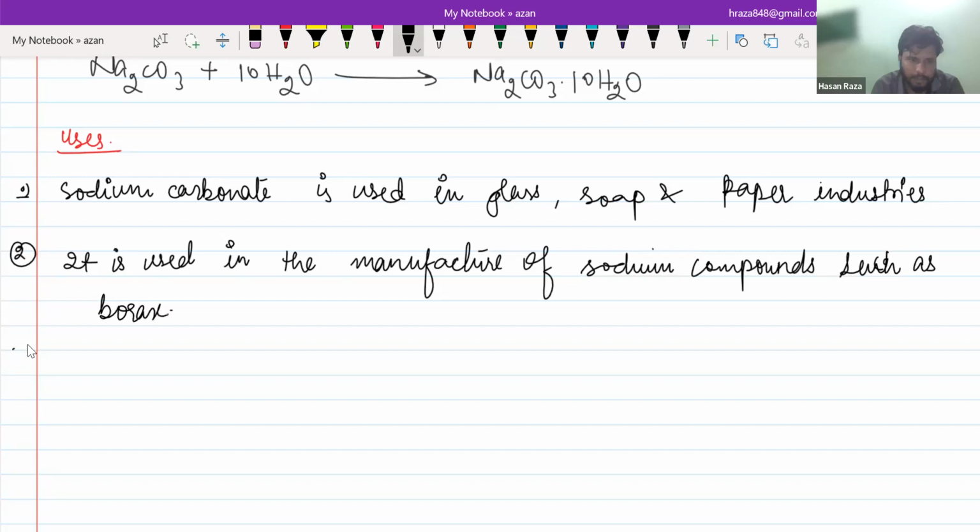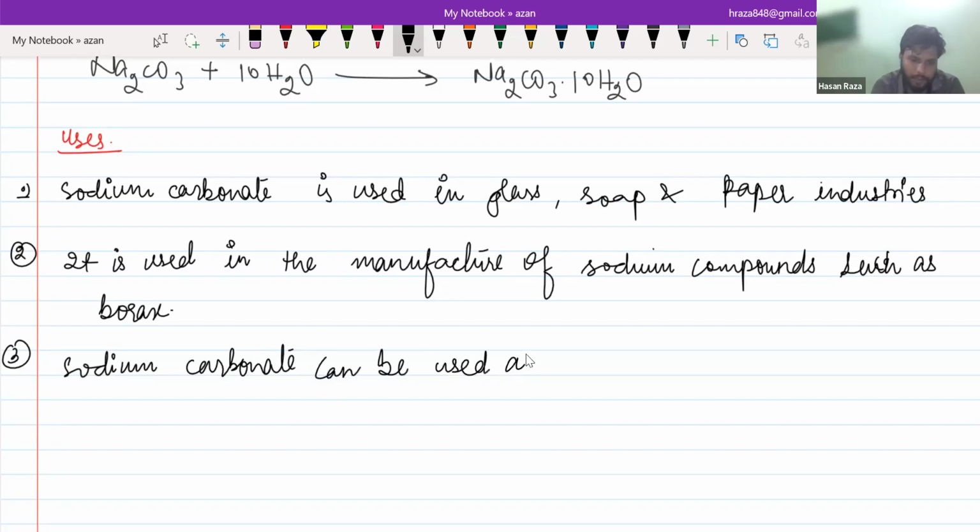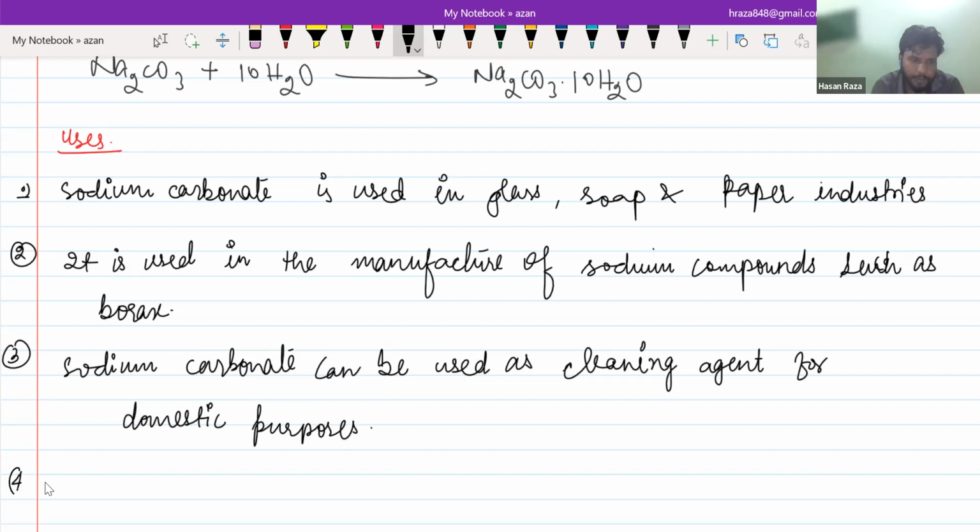Third use, sodium carbonate can be used as a cleaning agent for domestic purpose. Fourth, it is used for removing permanent hardness of water.